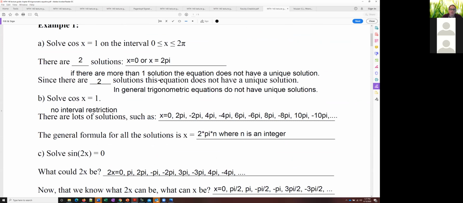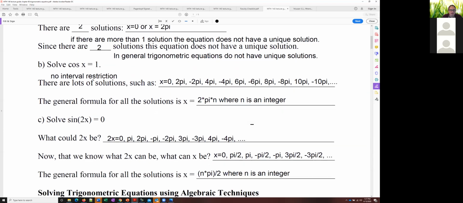There are only 2 answers between 0 and 2 pi, okay? But if we don't have this restriction, there are infinitely many answers, and those infinitely many answers will always look like 2 times pi times n. I wrote out several of them here, but if I kept writing, I could keep going forever.